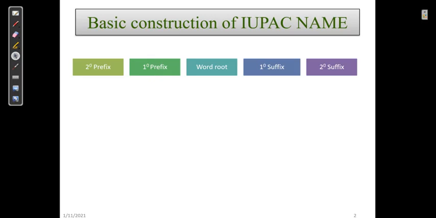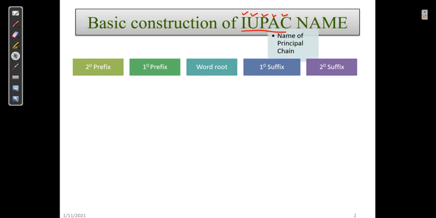These five components are required for an IUPAC name. Suppose you say 1, 2, 3, 4 and 5, IUPAC is also made up of 5 alphabets. Similarly, the IUPAC name is completed after completion of all the prefixes, suffixes and the word root.